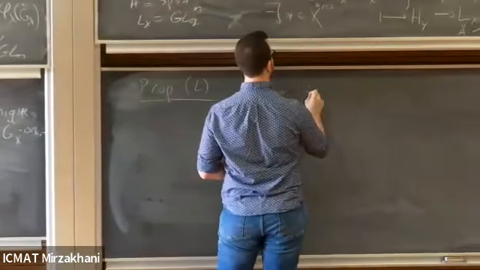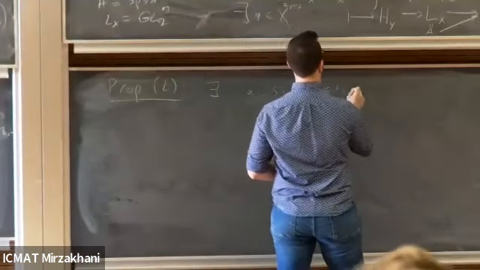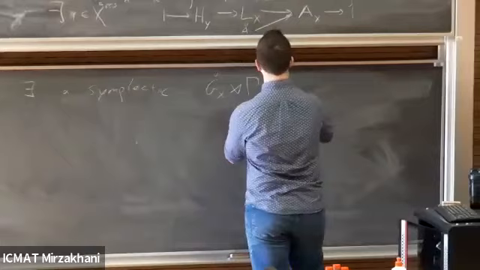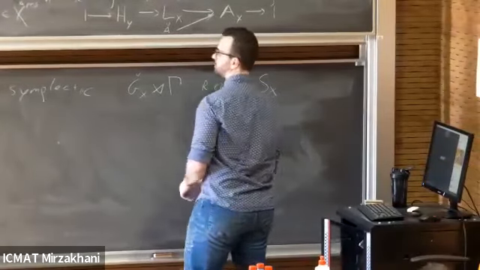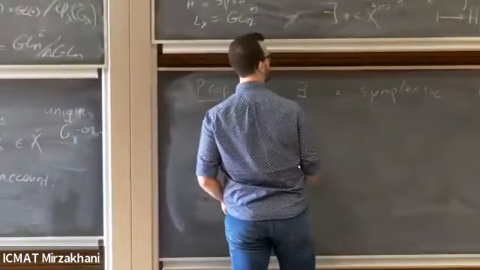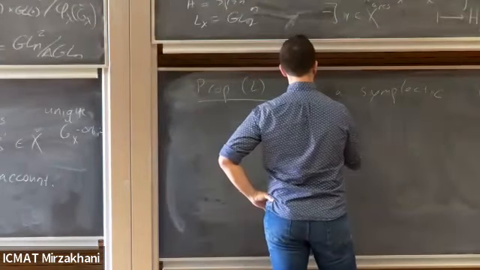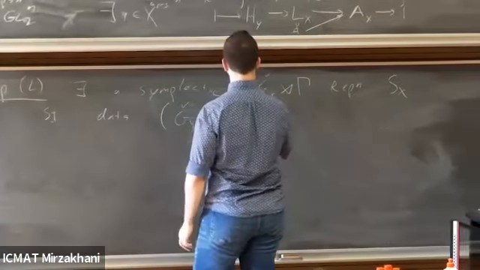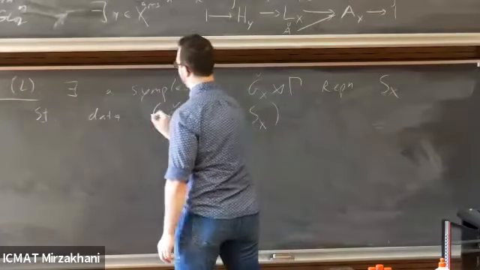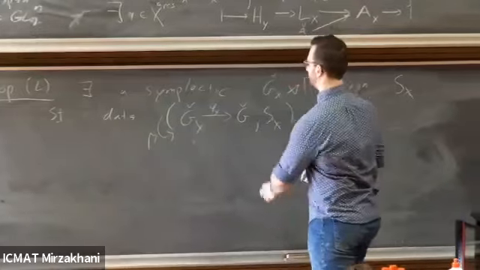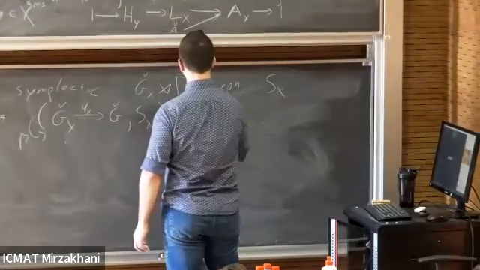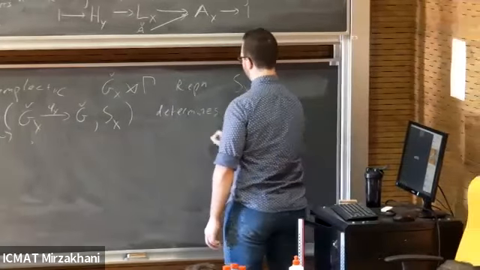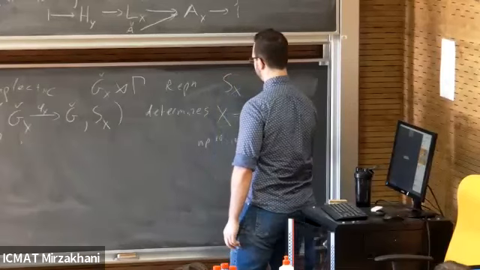So there exists a symplectic G_X check semi-direct Galois representation called S_X, such that the data of this map going into G check in this representation, all with the Galois action appropriately situated, determines this symmetric variety up to inner twist.